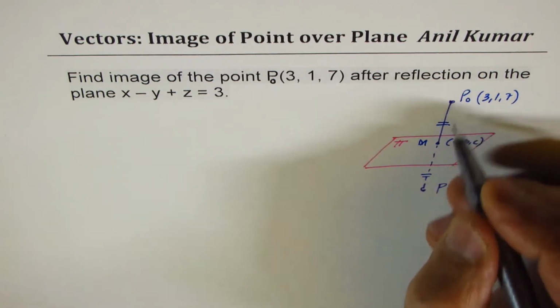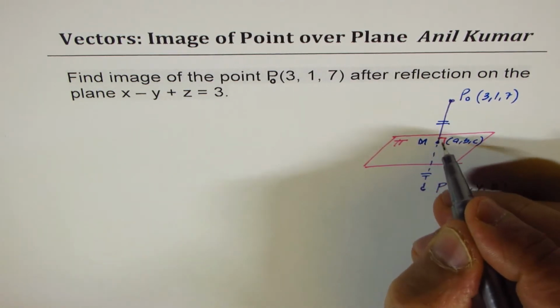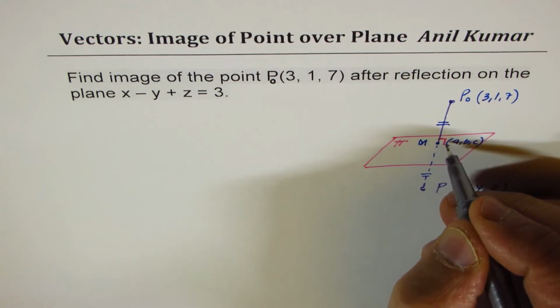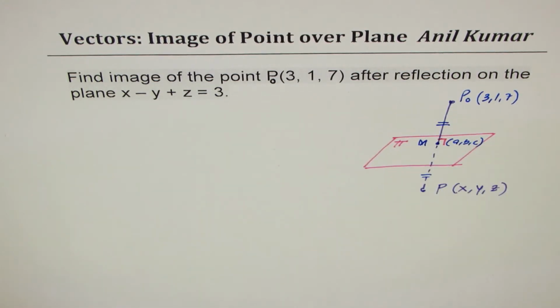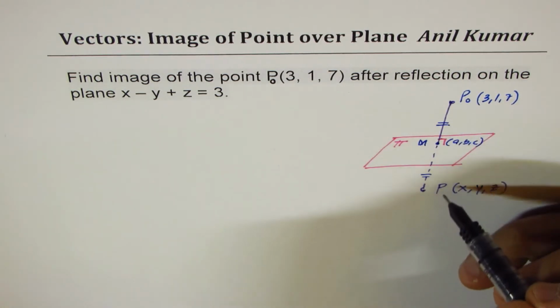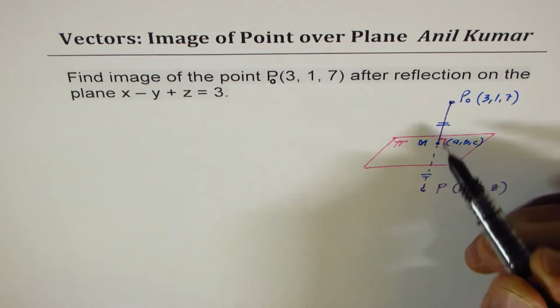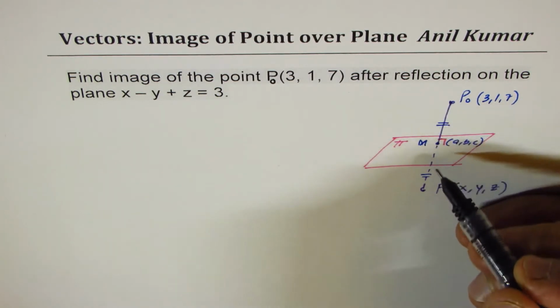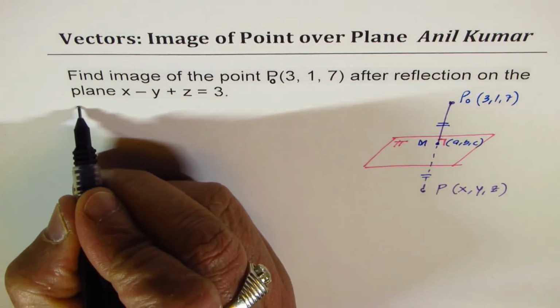Now, the line P0M has to be perpendicular to the plane to get the shortest distance. That means that the direction of P0M, which is also the direction of P0P, is the same as the direction of the normal.